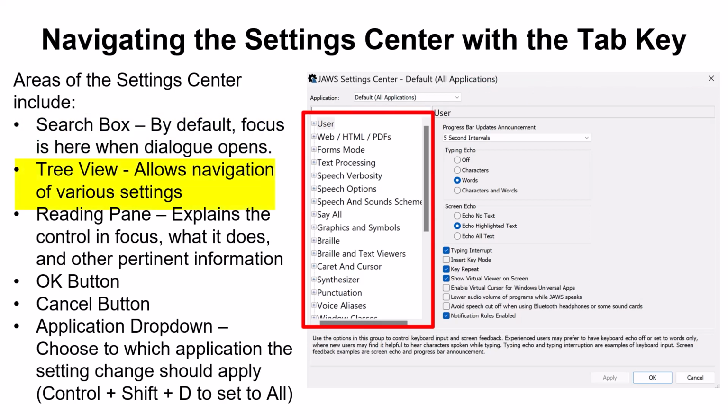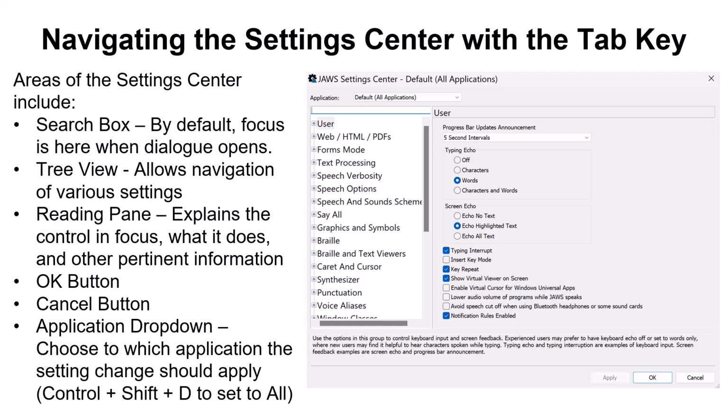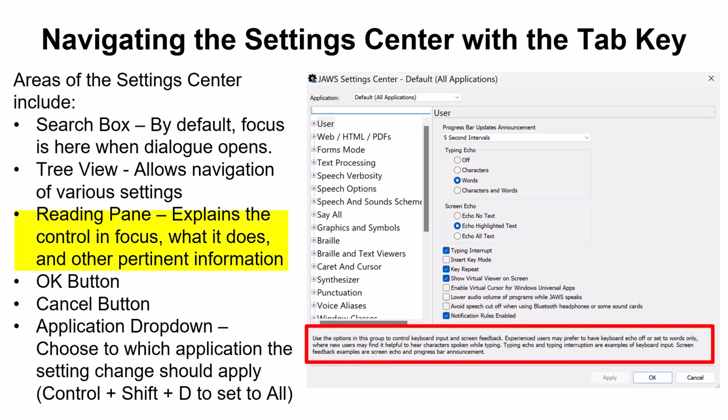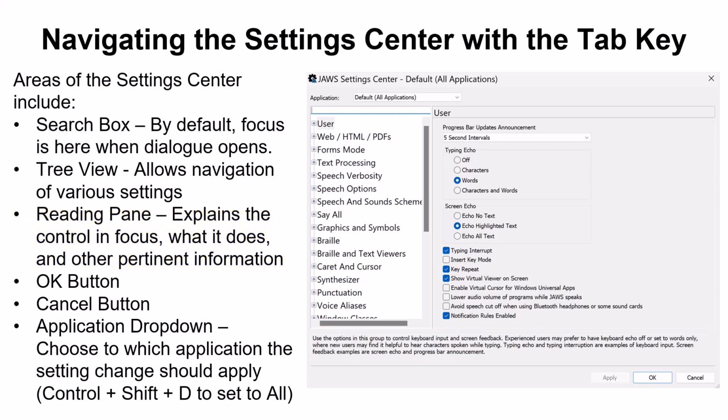We're going to come back to that. Then you have the reading pane, if you press Tab again, and that will explain what the control is that's in focus and what it does, and any pertinent other information. If you press Tab again, you'll focus on the OK button, then Tab and you'll focus on Cancel.